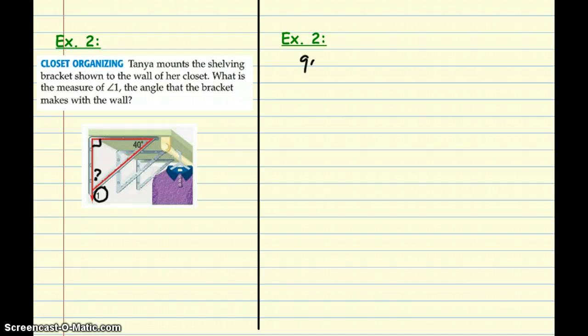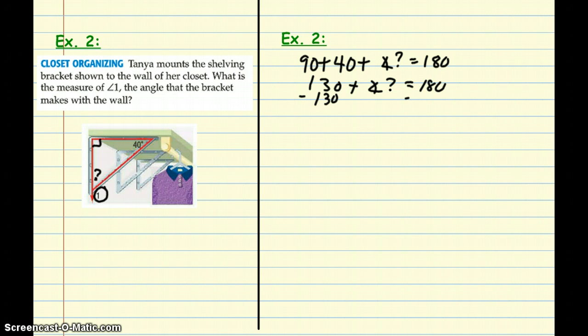So we know that 90 degrees plus 40 degrees plus, not angle 1, I'm going to call that angle question mark, is equal to 180, because of the sums of triangles. And I'm going to subtract 130 from both sides, just like the previous example, to get 50 degrees.